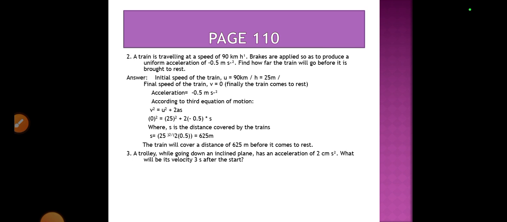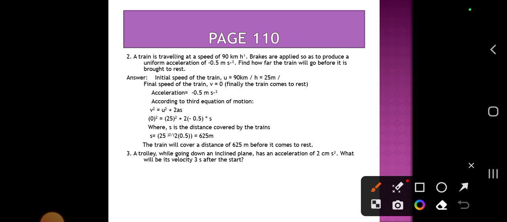Here also we know the initial speed of the train is given as 90 km per hour, so again we need to convert it to meter per second. So we'll get 25 meter per second.